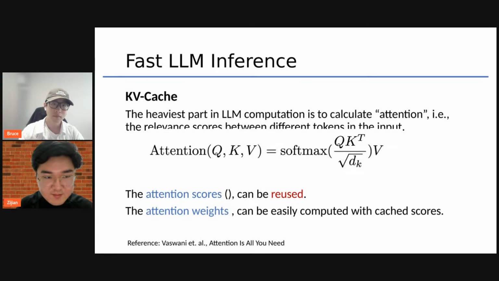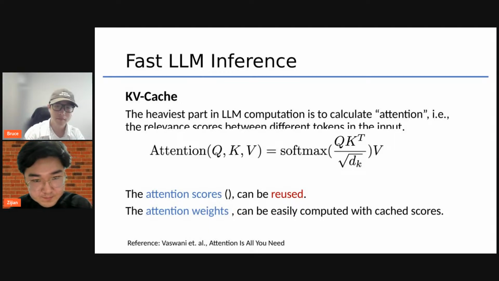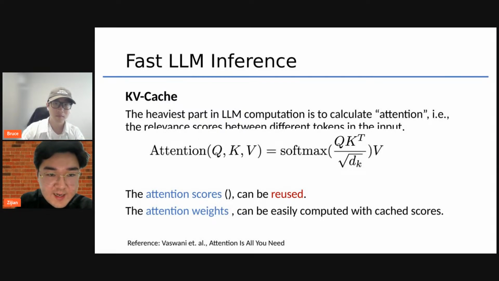Unfortunately, this attention calculation is super expensive. So we want to somehow cache some of the calculation in this attention mechanism. How can we cache this? We can just cache whatever has been computed previously for this attention. And this cached computation is called the KV cache.